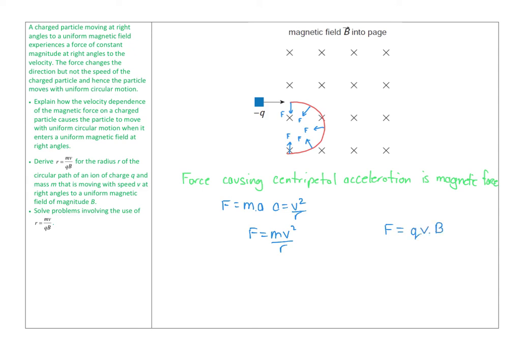We can ignore the sine theta because it says when it's perpendicular, so theta equals 90, therefore sine theta equals 1. So basically we can just forget that term. So we equate those two things and we get mv squared on r is equal to qvb.